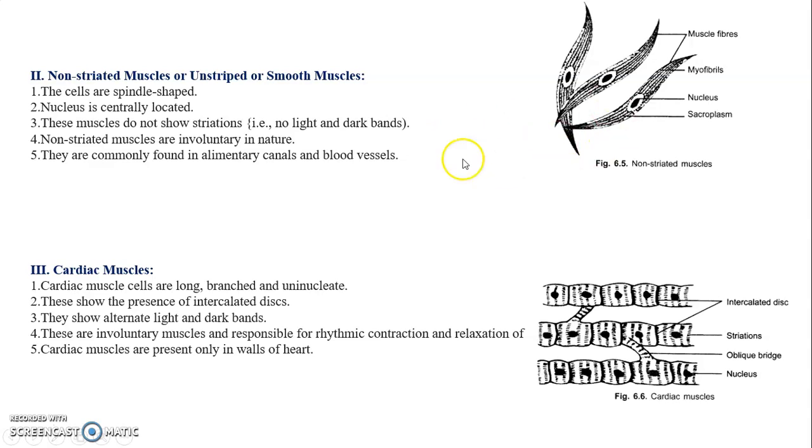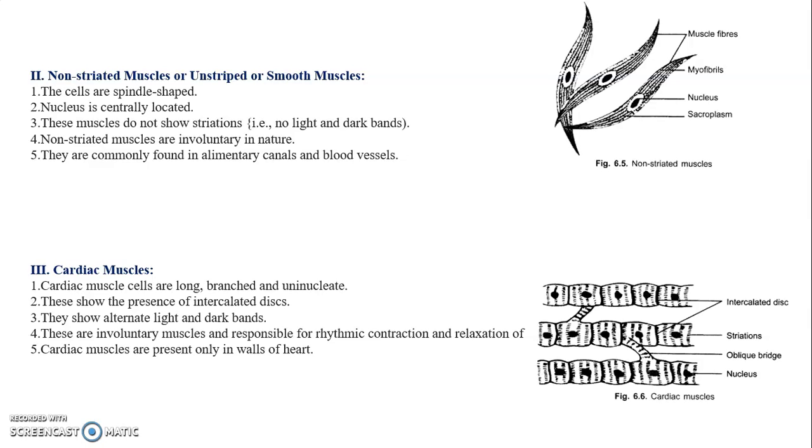Then we come to the cardiac muscles. The characteristics are that cardiac muscle cells are long, branched and uninucleate. These show the presence of intercalated discs. They show alternate light and dark bands like the skeletal muscles, but they are involuntary muscles like smooth muscles, and they are responsible for rhythmic contraction and relaxation of the cardiac wall. Cardiac muscles are present only in the wall of the heart.